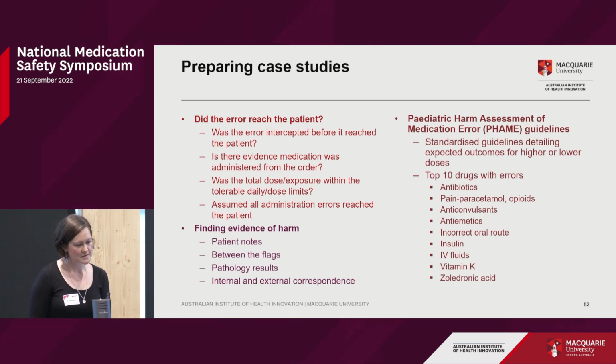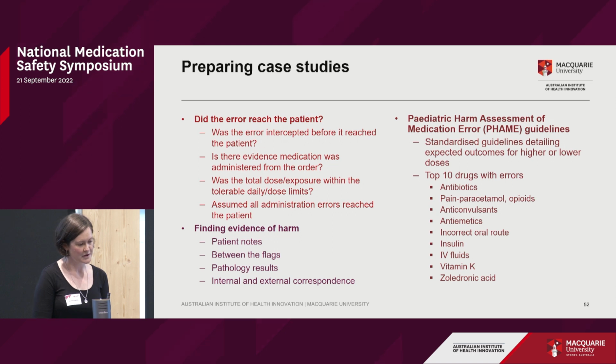For the top 10 drugs that had errors, we created the FAME guidelines, which were standardised guidelines that were created with clinicians detailing the expected outcomes from either higher or lower doses of medications.